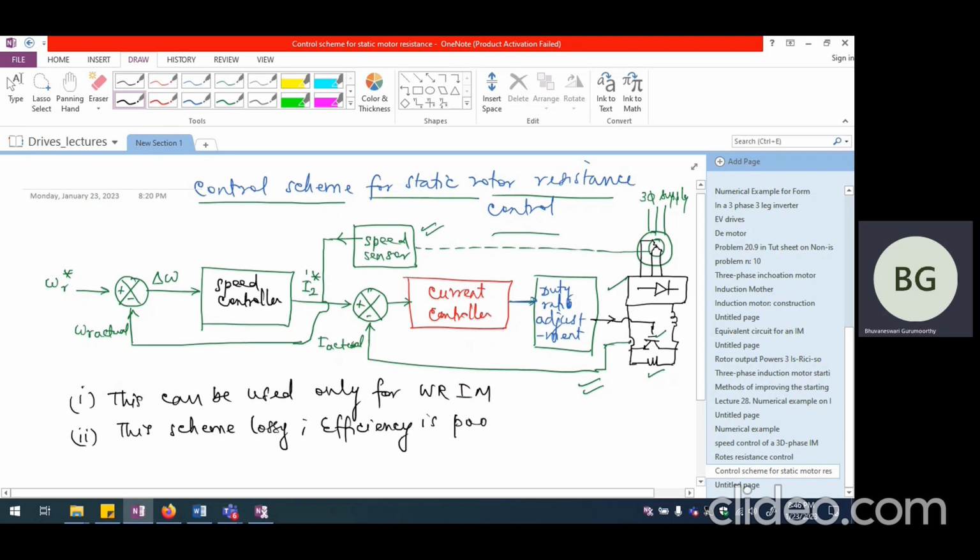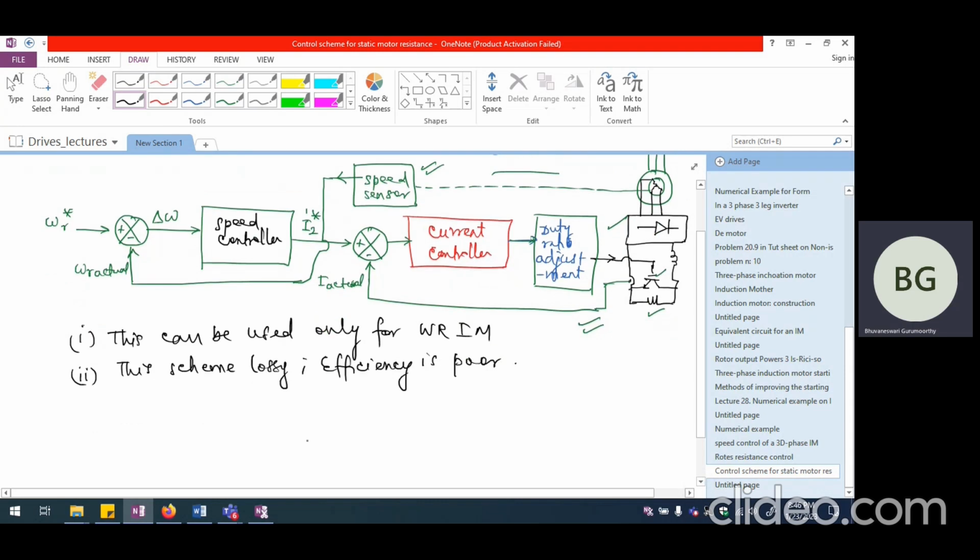So rather than wasting the energy in the external resistance, can we feed that back to the mains or the induction motor itself? Can we take whatever is I2 square R2, 3 times I2 square R2? We said that the rotor copper losses are generally S times the rotor input. So the rotor input power, when I multiply it by slip, we get the rotor copper losses.